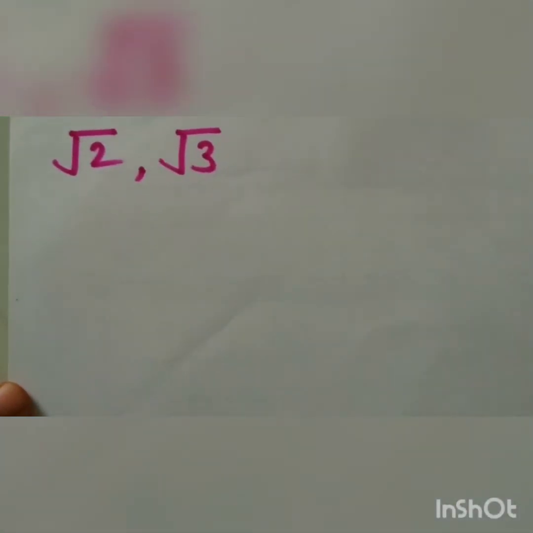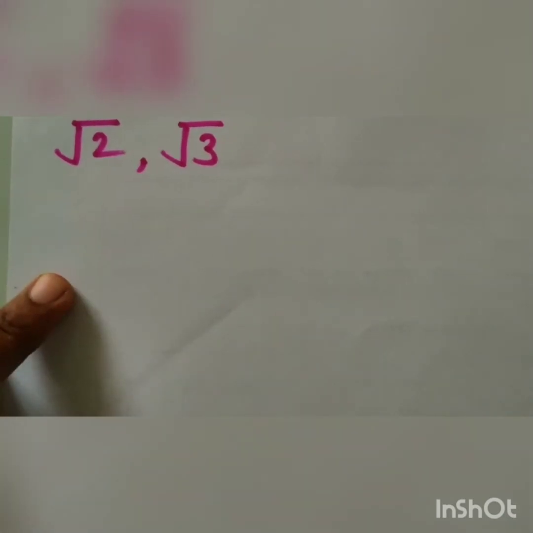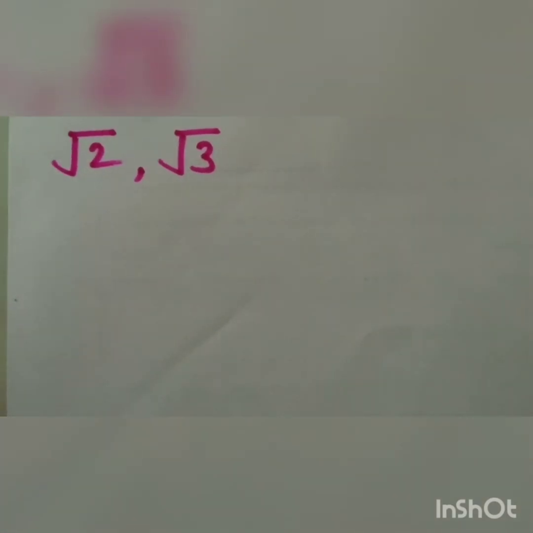See here, the irrational numbers we are taking here are √2, √3 and onward. These are irrational numbers. First of all, we show these two numbers on the number line.